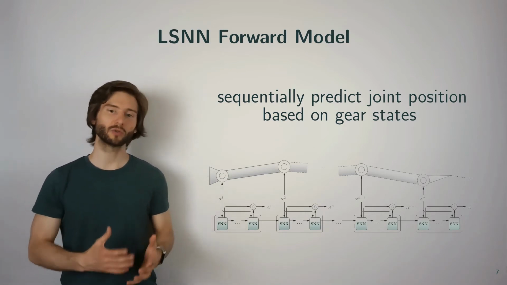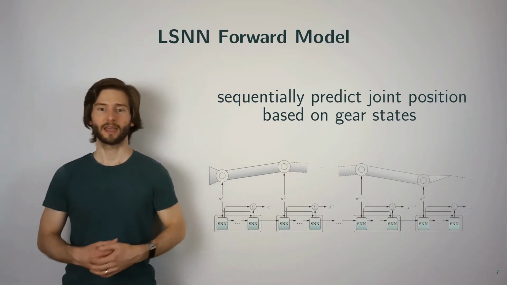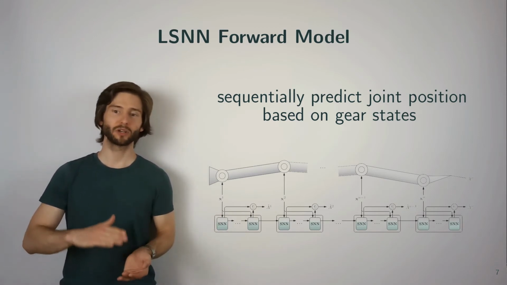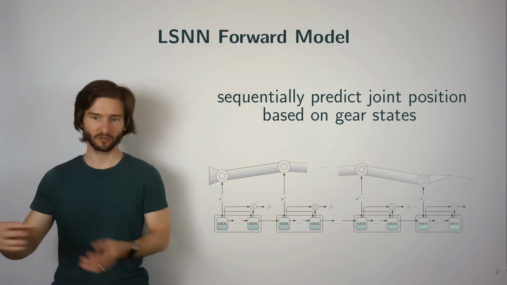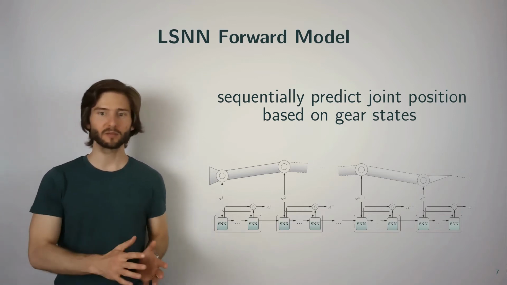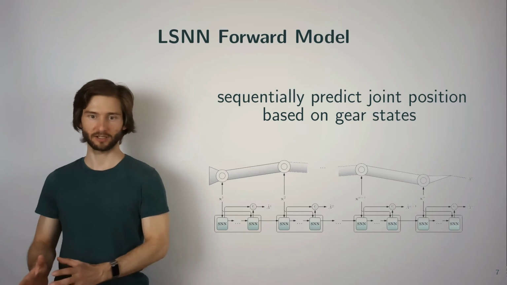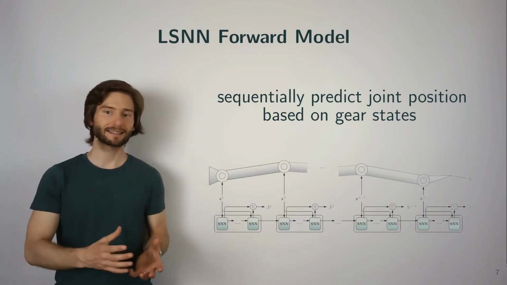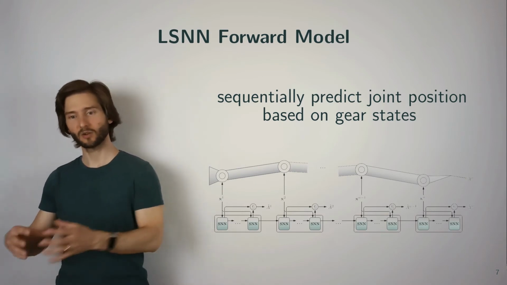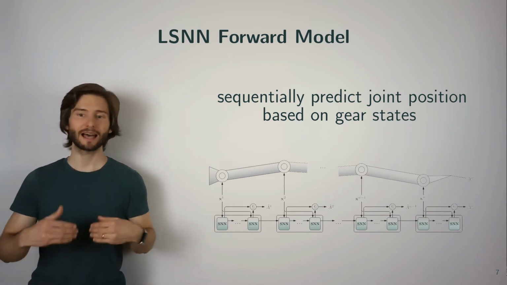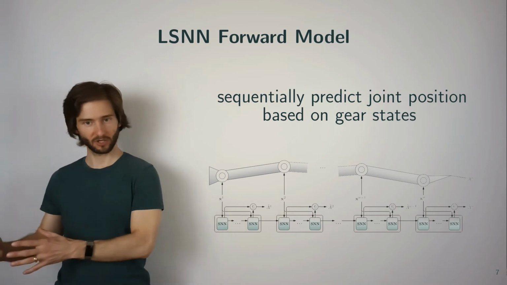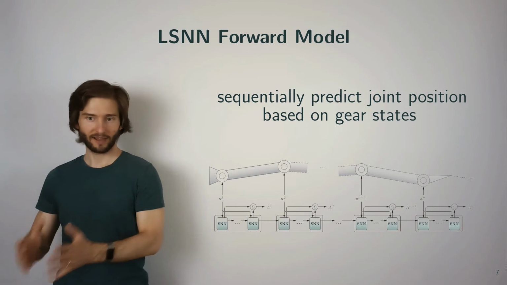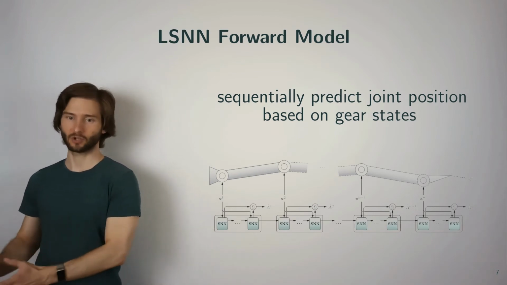In order to now control the movement of the simulated robot, we first train a forward model which learns to sequentially predict the position and orientation of each joint in the robot given the motor states of that specific joint. So starting at the base, the LSNN gets the motor states inputted over a certain time window, and then during the last time step of this time window it receives an additional one-hot vector indexing this current joint.